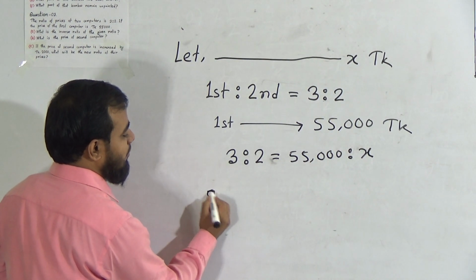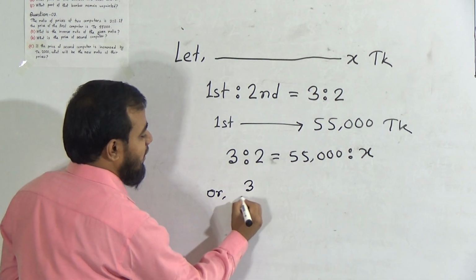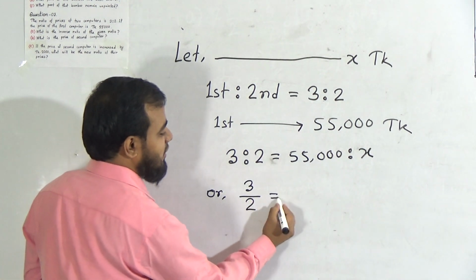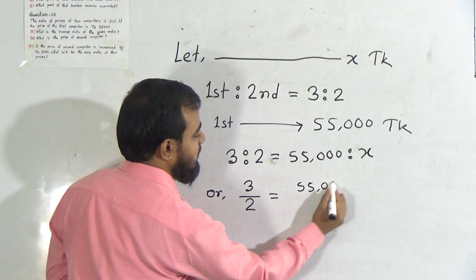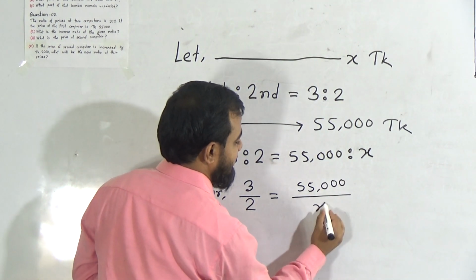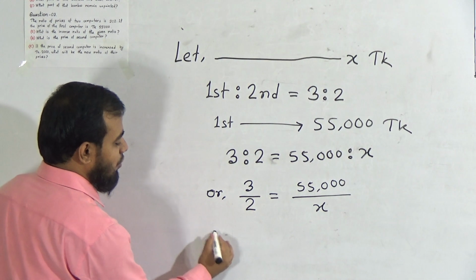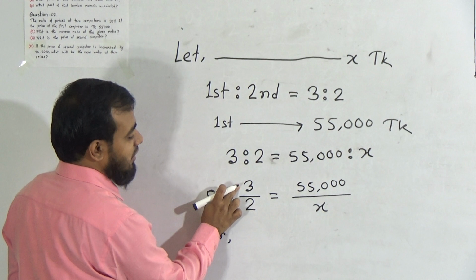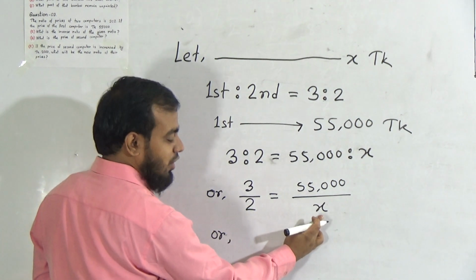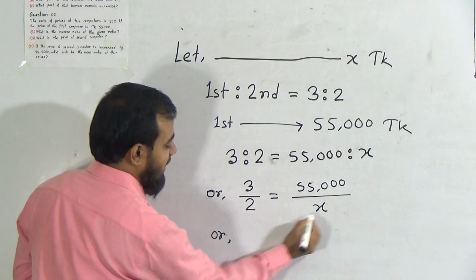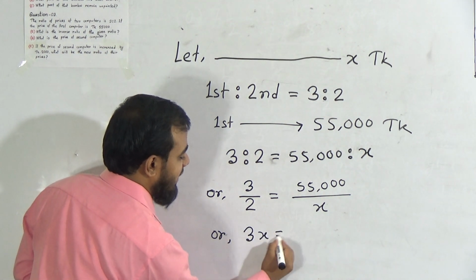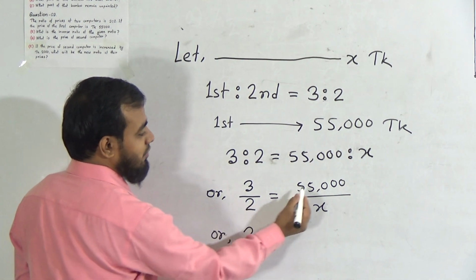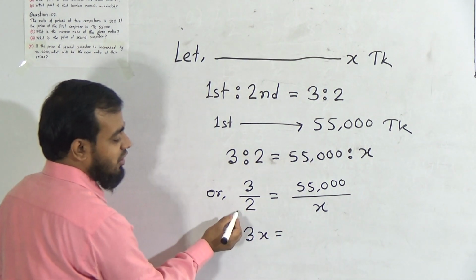To calculate it, we have to convert the ratios into fractions. This can be written as 3/2 equals 55,000 divided by X. Now by the rules of cross multiplication, on the left side numerator 3 and on the right side denominator X, so 3 multiplied by X will be 3X. That equals 55,000 multiplied by 2, because 55,000 is the numerator on the right side and 2 is the denominator on the left side.